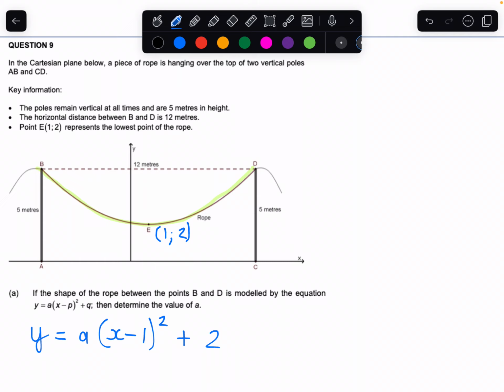Another way to think about it is that for your very original parabola, the turning point is at the origin. So in order for the turning point to go from there to here, it is a parabola that has shifted up 2 units and to the right by 1 unit. And we know that to shift up, we add 2, and to shift right, we subtract 1 from the input x. So that's another way you can think about it.